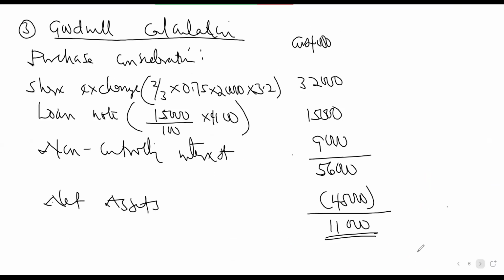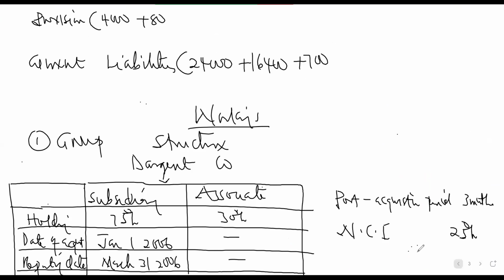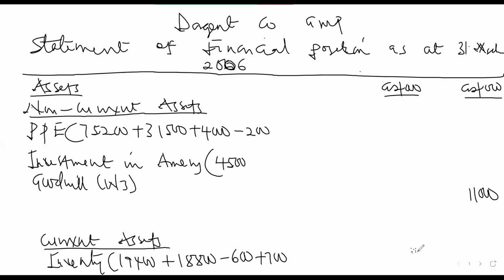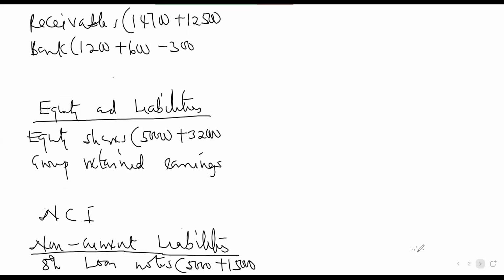Inventory should have been 500, because there's a profit element of 200. So the inventory should be recognized at 500, not 700. So you will now bring in the unrealized profit of the 200 on that particular inventory. What is going to happen? Our receivables and payables are now the same. What do we do?